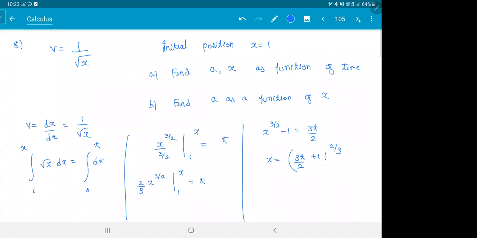Make sense? Check out the steps. Any step you don't get in this thing? So this is how you find x as a function of time.